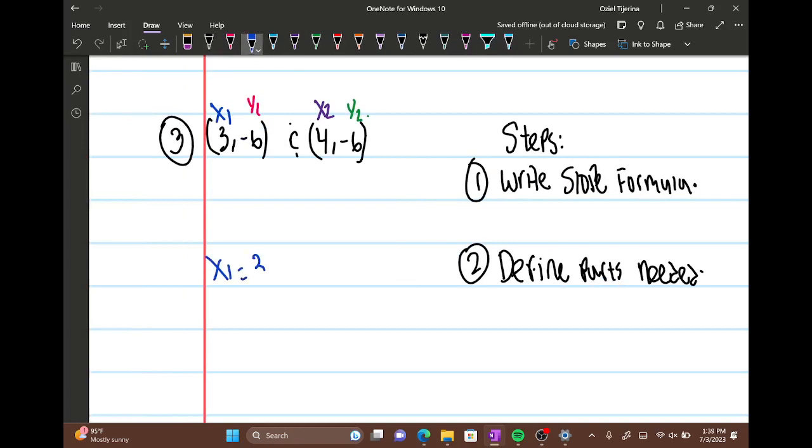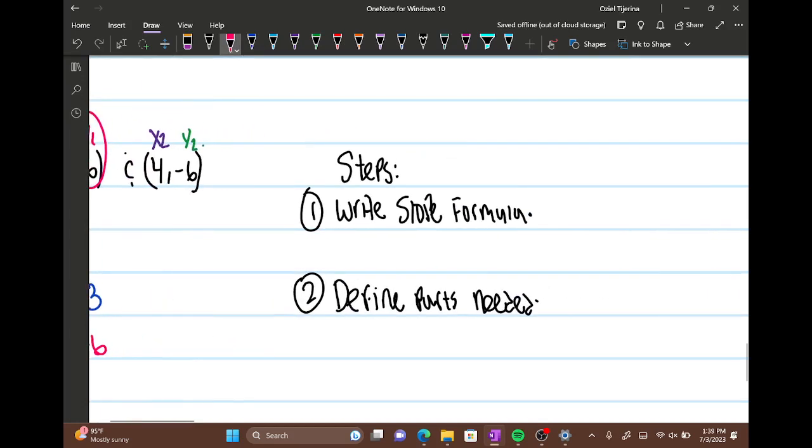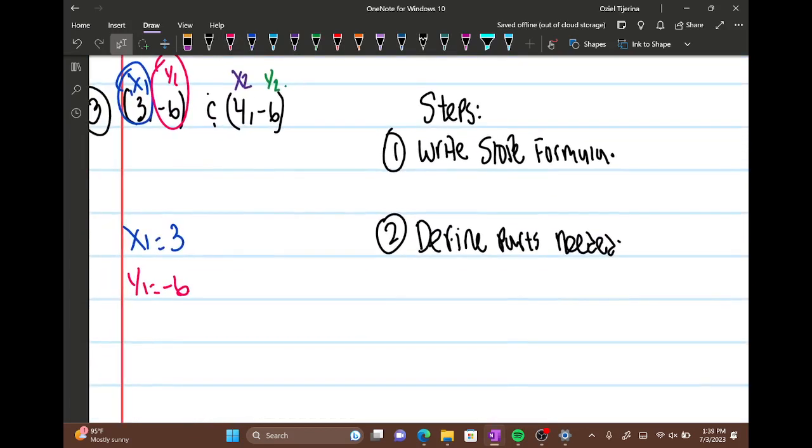We would label our parts that we need. So x1 is 3, right? It's right here. y1 is, in this case, -6, and then x2 is 4, and y2 is -6.